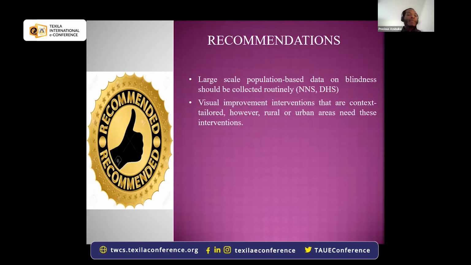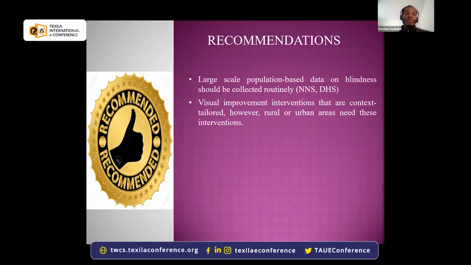There should be large-scale population-based data collected routinely. We have some surveys like the National Nutrition Survey in Nigeria. We have the Demographic and Health Survey conducted once in 3 years. It could also be incorporated, because visual impairment largely impacts quality of life.